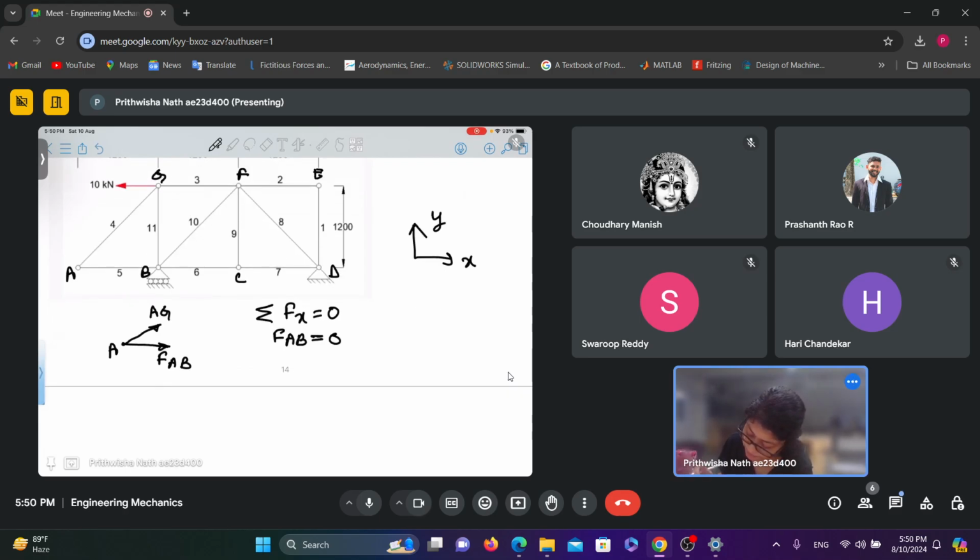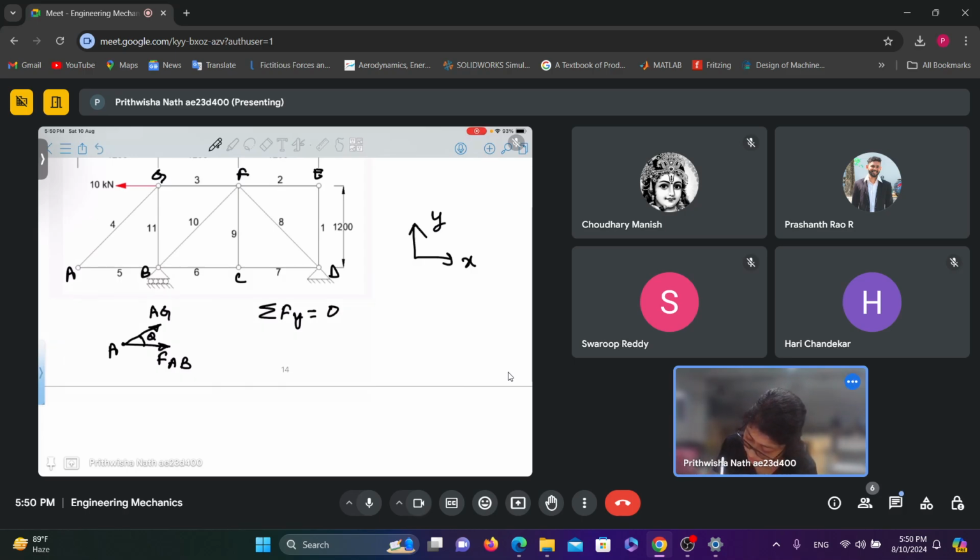Similarly, first let us consider summation of F in y direction. Suppose this is theta.